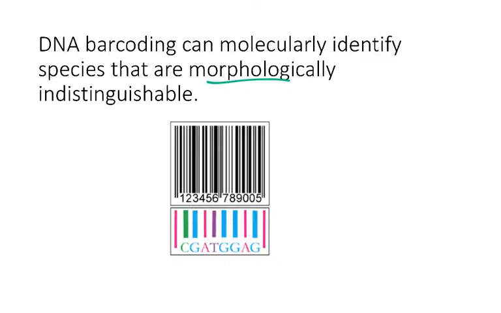It's called DNA barcoding because, just like a barcode you might scan at the grocery store, a DNA barcode is a short genetic sequence from a standardized part of the genome. So this would be considered our genetic barcode, which is just a sequence of nucleotides, and we can then use this genetic barcode that we obtain from an unknown sample to figure out what species it actually is.